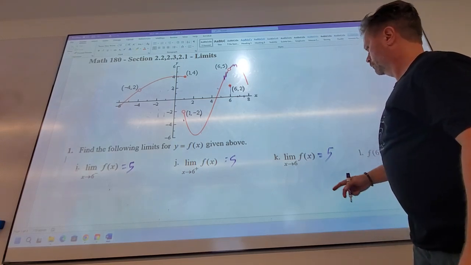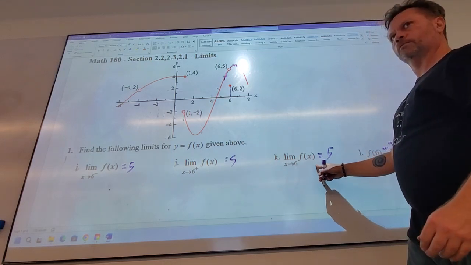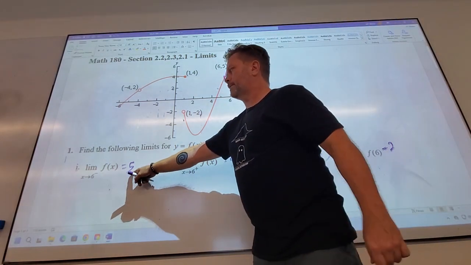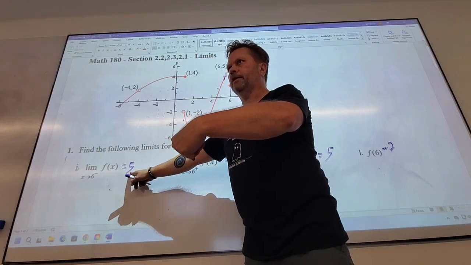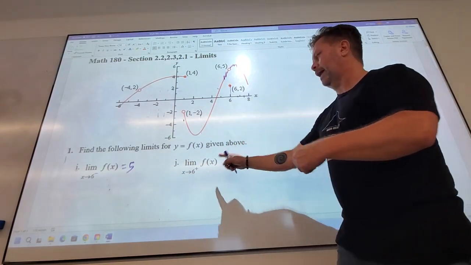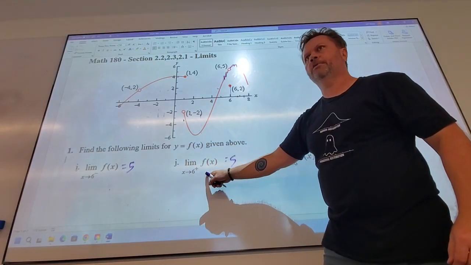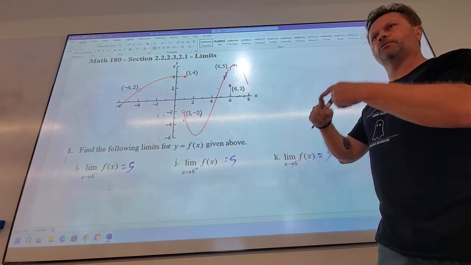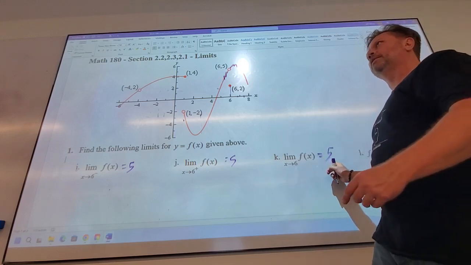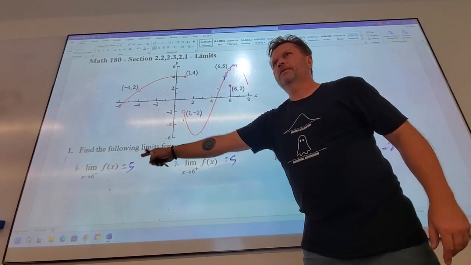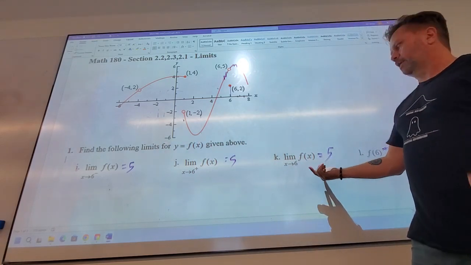So, just to be clear, just because that point isn't connected means that for K the answer is 5, right? I'm still a little lost, sorry. Okay. The limit as I approach from the left was 5, yes? The limit as I approach from the right is 5, yes? So do I have to say what side I'm coming from? Can I just say the limit as I go to 6 is 5, no matter which side I'm coming from? Which is why the only time this does not exist is if these disagree. Because if they agree, I can just say, I don't care which way you're going to get to 5.